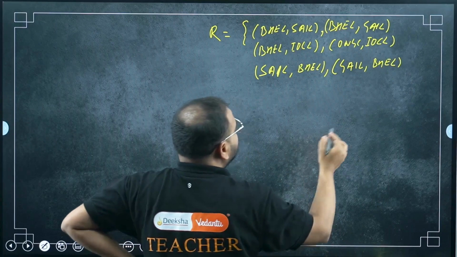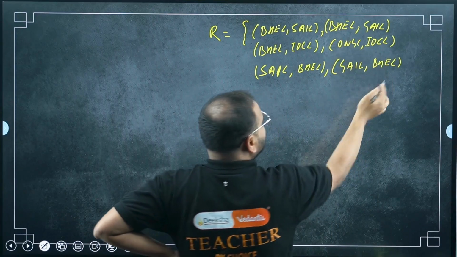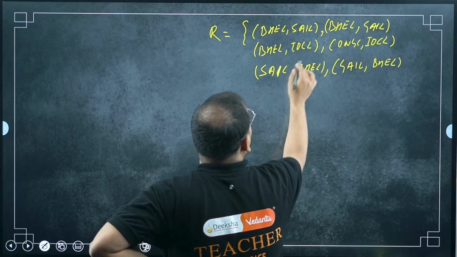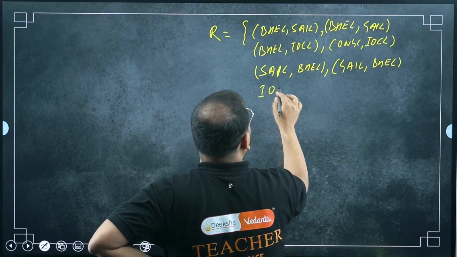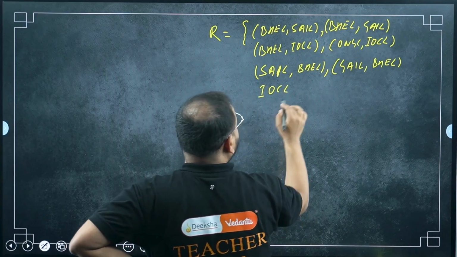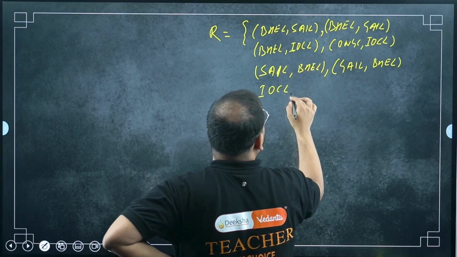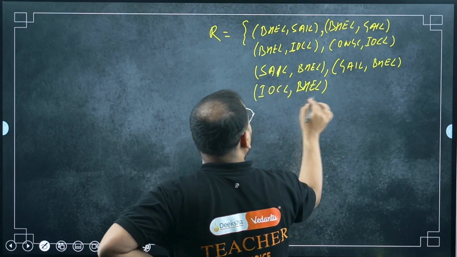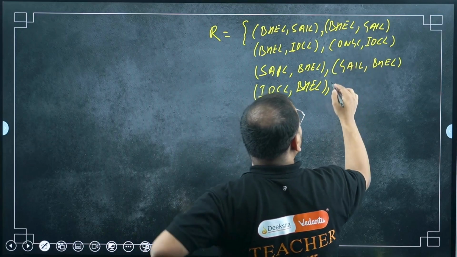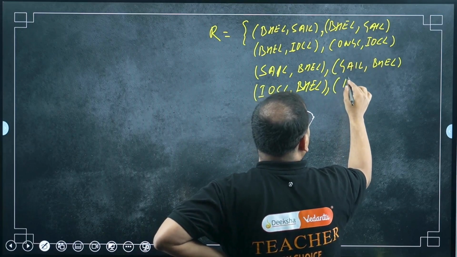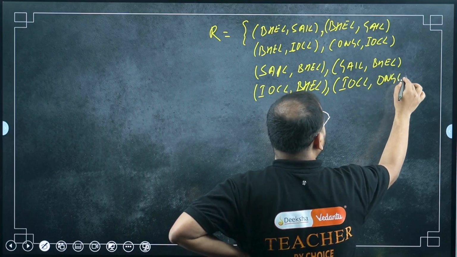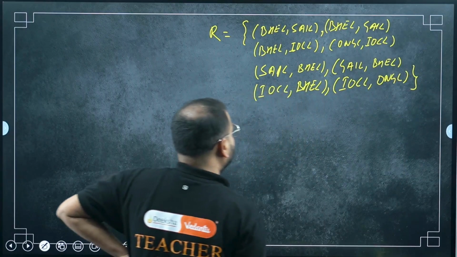Check here again: GAIL and BHEL will also have only one common. For this also IOCL can come first, with BHEL. Now the last one is IOCL with ONGC.